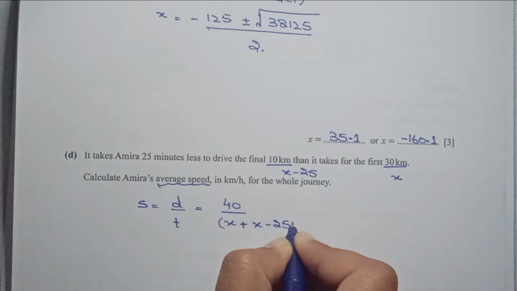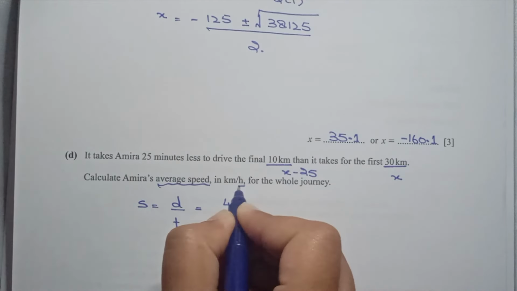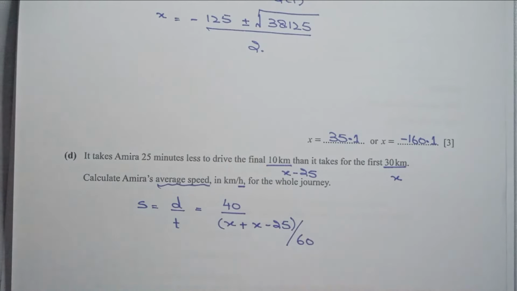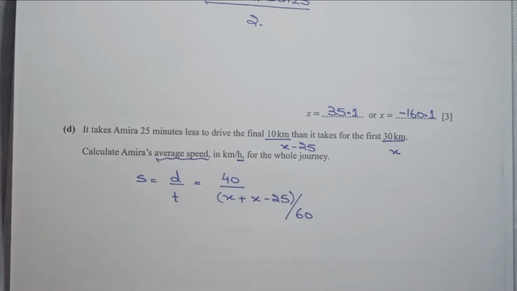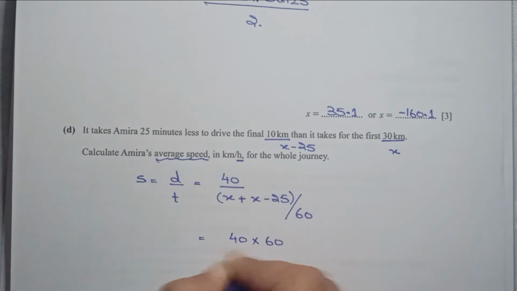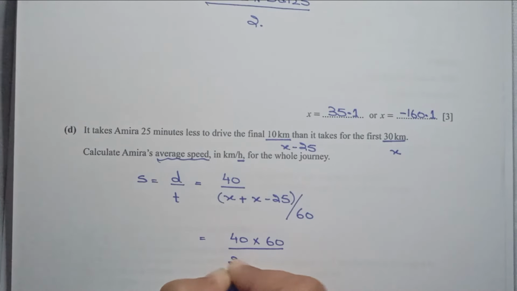This is in terms of minutes, and we need to convert it to hours by dividing by 60, right? So, substituting the x value of 35.1, the speed would be 40 times 60 divided by 2x minus 25.